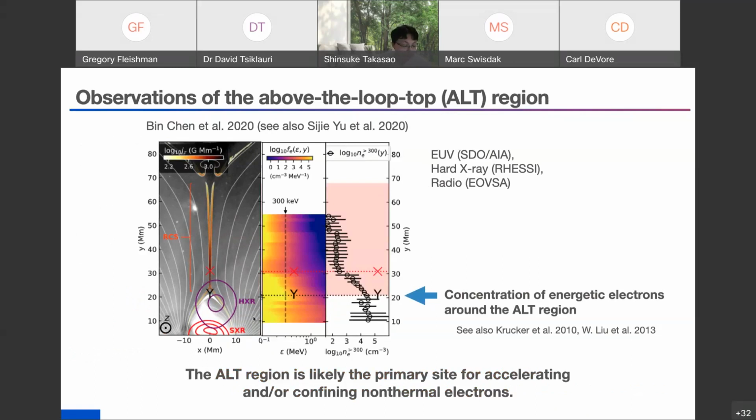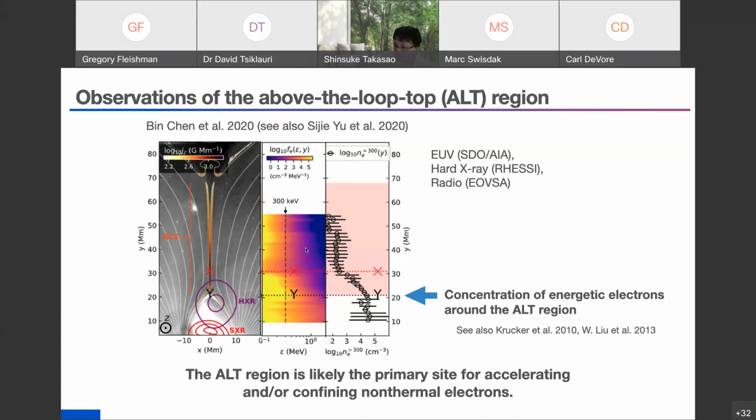This panel shows the EUV images with the contours of the hard X-ray data. We have the hard X-ray source above the soft X-ray source, and from the radio data, they derive the electron energy distributions.